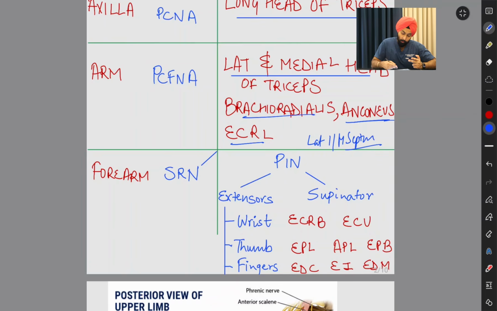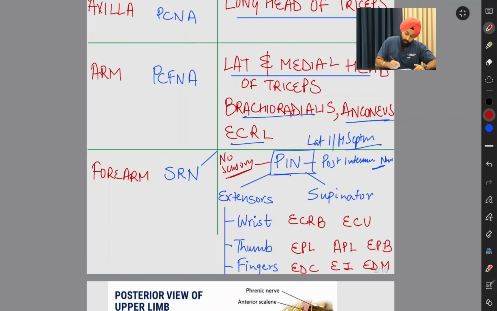The deep motor branch passes through the supinator muscle, and it is also called the PIN, that is the posterior interosseous nerve. Mind you, it doesn't have any sensory component, so the PIN is completely a motor branch.